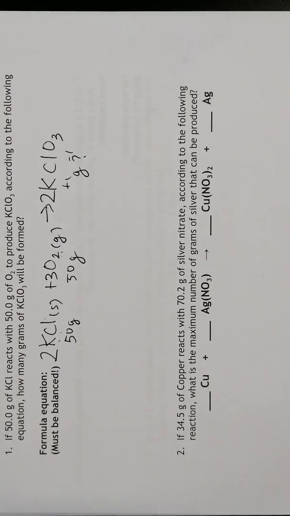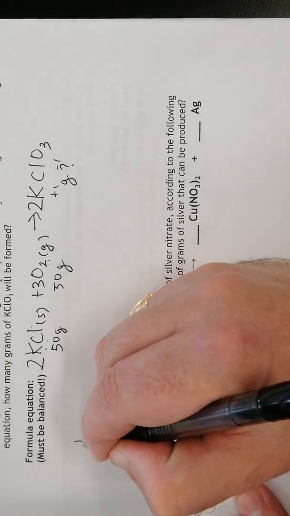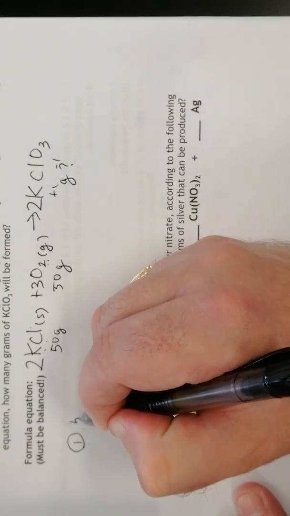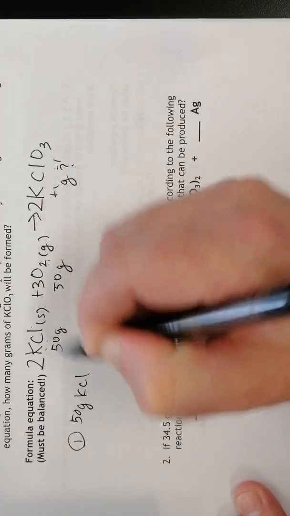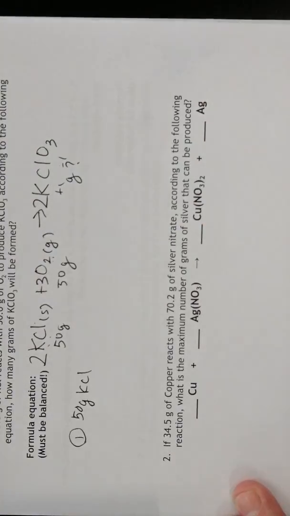You really need to do the stoichiometry in the math to determine which one is the limiting reactant. So if you're going to do this, you need to do 2 mass calculations and compare the results. So let's see how much we can do. Our first one, if we've got 50 grams of potassium chloride, how many grams of potassium chlorate can I make?